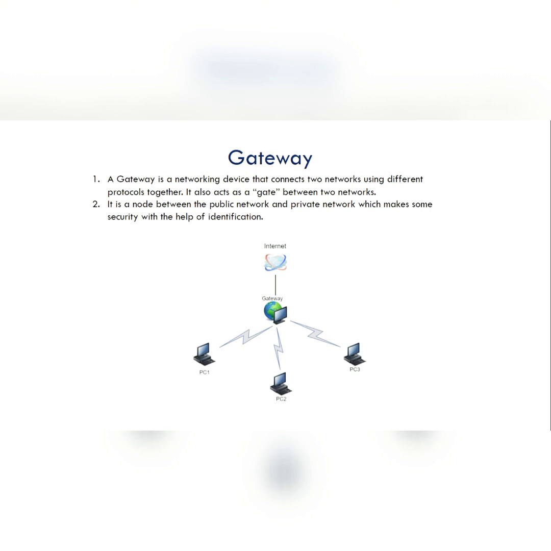So this is an example of identification. When you go from a public network to a private network, to get into the private network, you need identification. That is the work done by a gateway, in between the public and the private network.